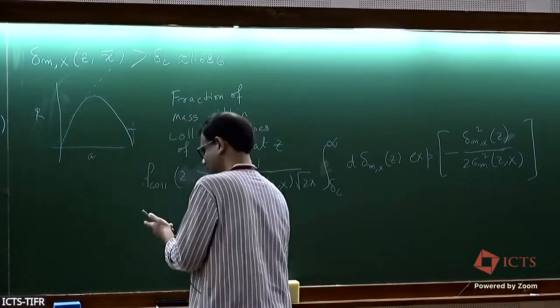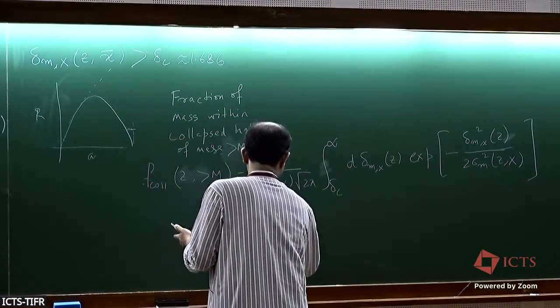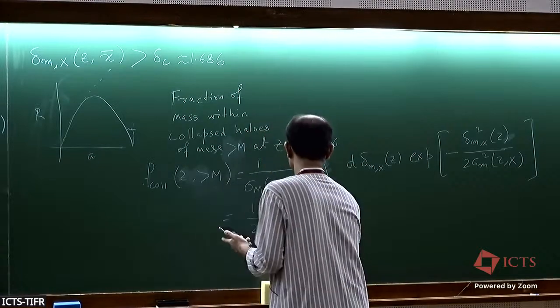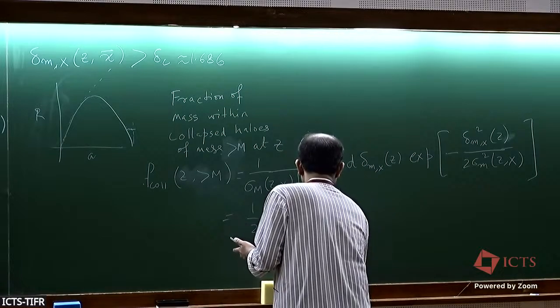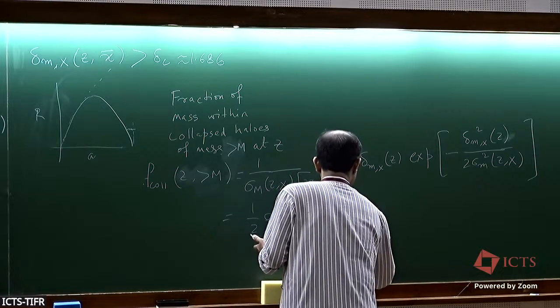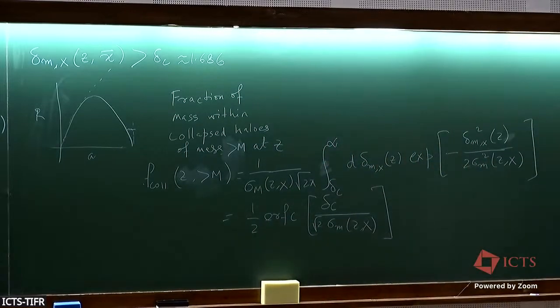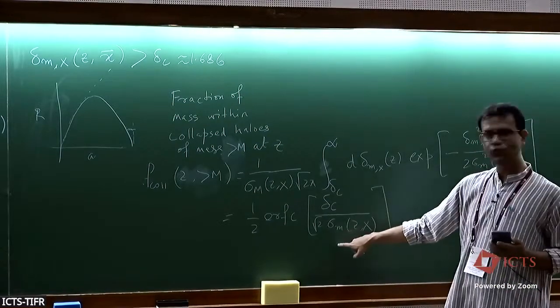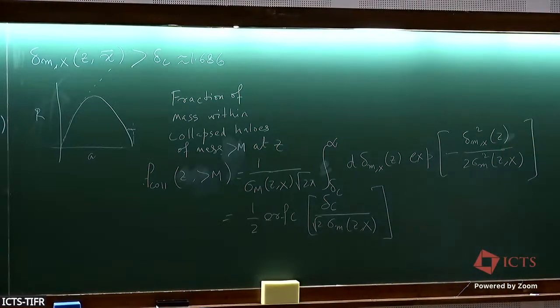So this will give you half this complementary error function of delta c by root 2 sigma m of z x. But then sigma m of z x is d plus times sigma m today.